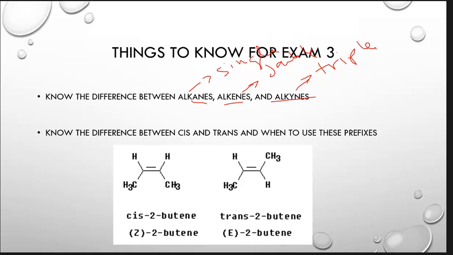Now, remembering this, carbon always has to have 4 bonds, 100% of the time. So, when we're having alkanes, that means carbon is in the middle, and there's 4 bonds coming off of it.